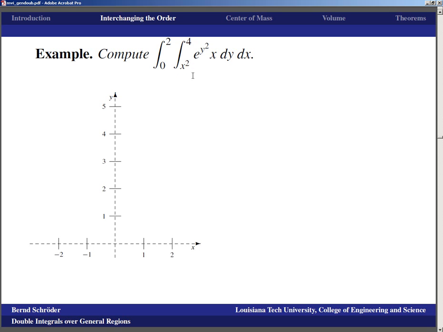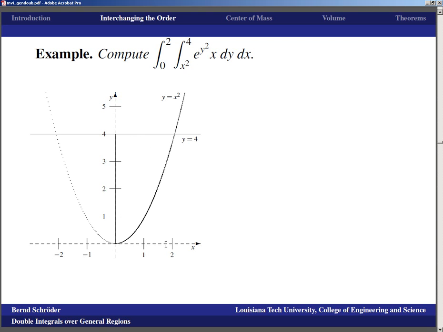You don't necessarily have to do that here, but the key object we're looking at is the function y equals x squared, and that's this one here. That's the lower bound of the integral. The upper bound of the inner integral is y equals 4, so that's a horizontal line right here. And then we realize that the outer integral starts at x equals 0.